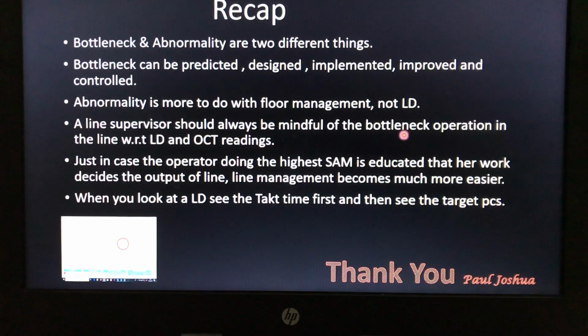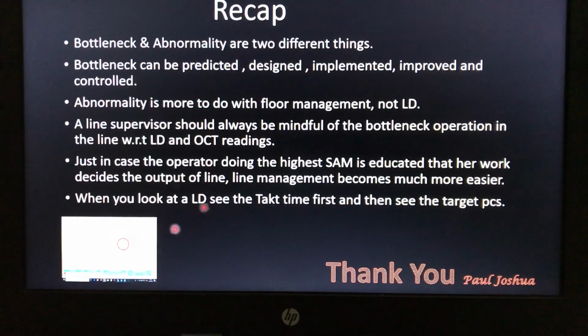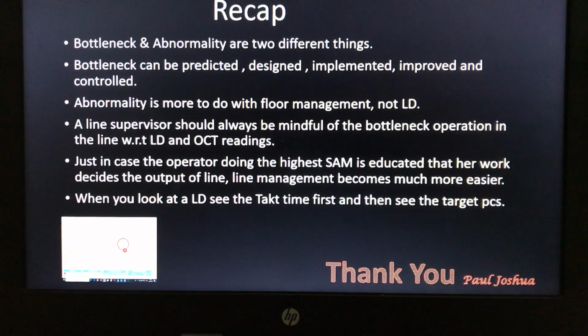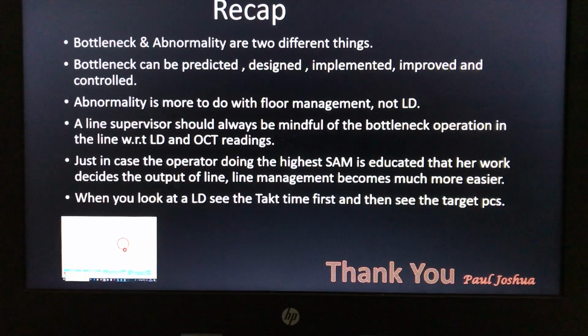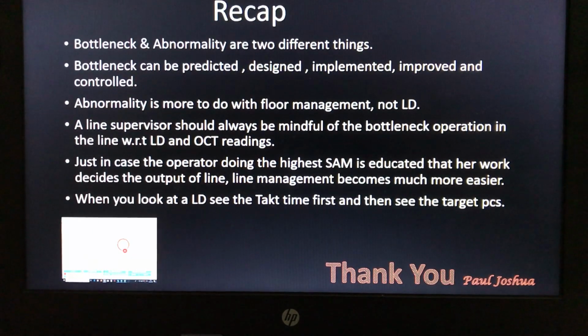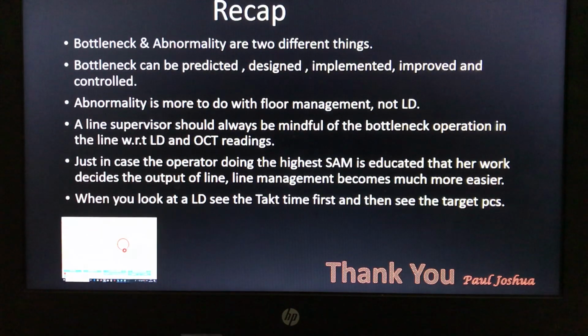And it would be even more wonderful if the highest SAM operator, in this case the 41 seconds operator, knows that it is he who decides the output of the line. If you teach or coach the operator this, it becomes much easier to implement line design.